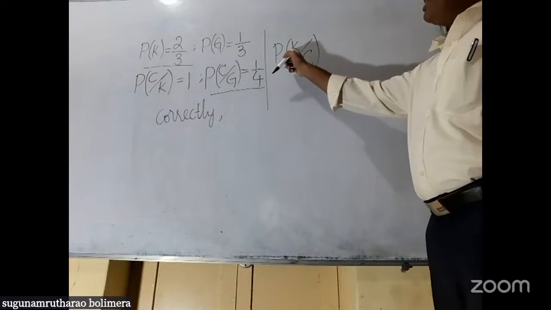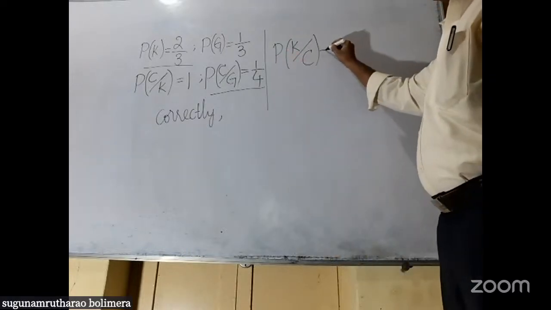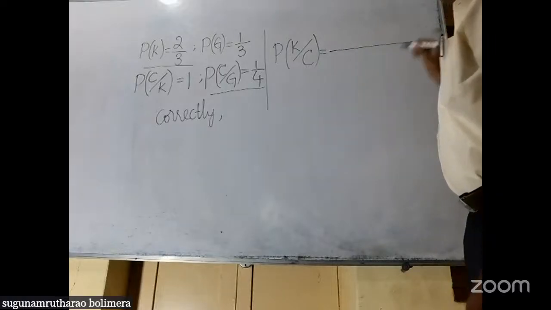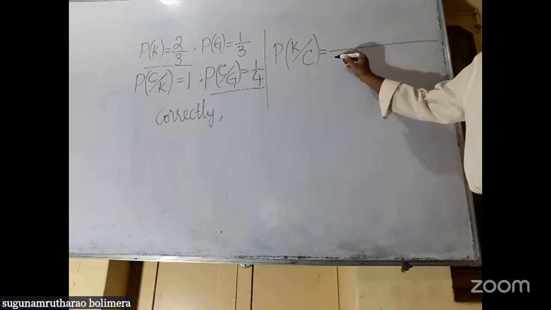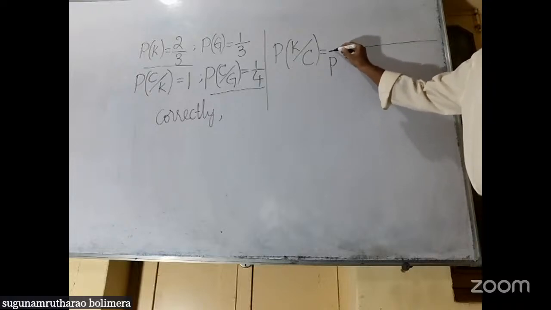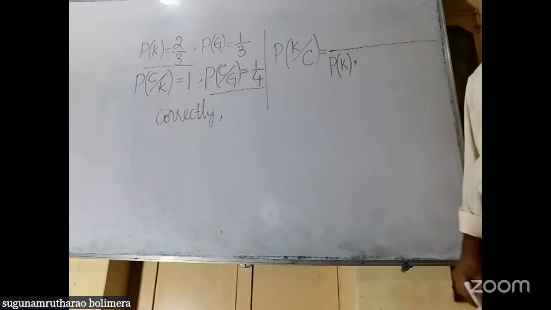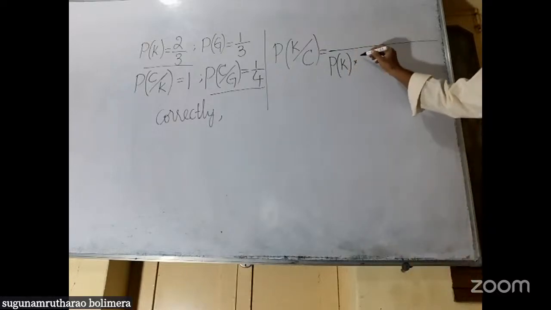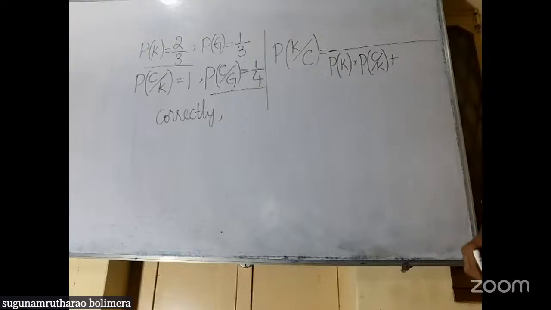Then the probability that knowing is K given C is equal to, what are the possible outcomes? Number of exhaustive events. We have two processes. One is knowing, P of K, multiplied by P of saying correct, and he knows OR means plus.